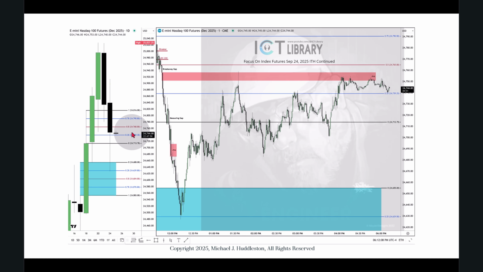The question about why did I use one wick and not another? It's because I start with the first one going to the left, and I have those levels there on the chart. And then I have this one would be the next one I would have on there. And I'm looking for the one that the algorithm is respecting.